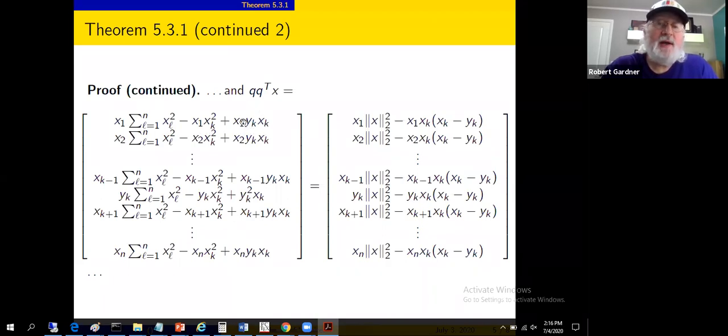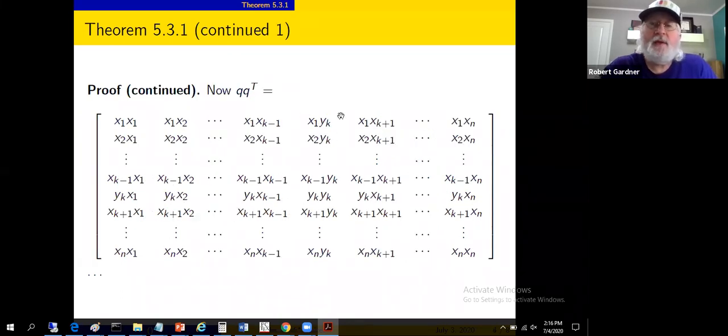That y sub k right there is replacing an x sub k because of what we had in terms of the matrix. Let's go back real quick. Right there. The pattern is x1 times x1, x1 times x2, x1 times x sub k minus 1, x1 times x sub k. No, I mean x1 times y sub k. The x sub k, in a sense, is replaced with a y sub k.